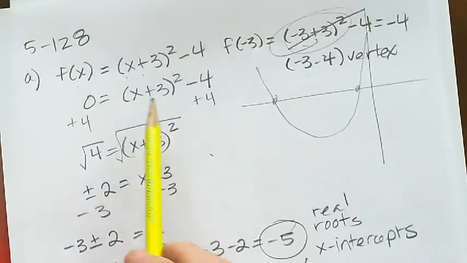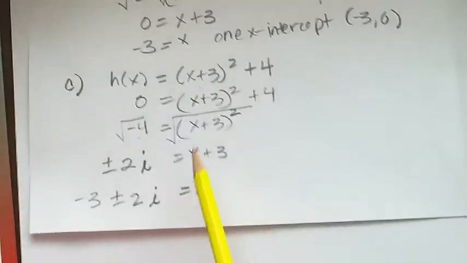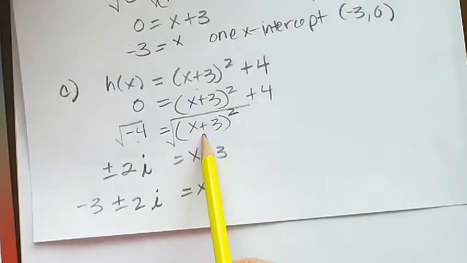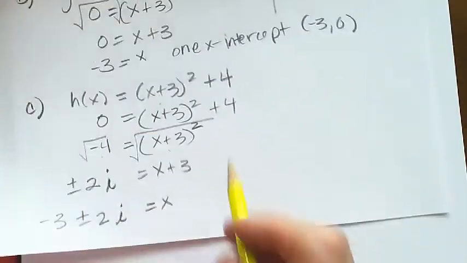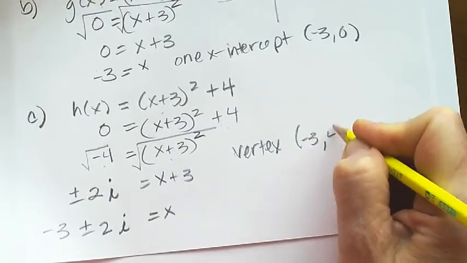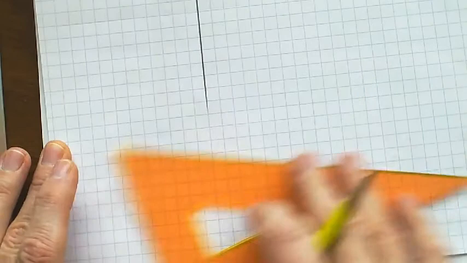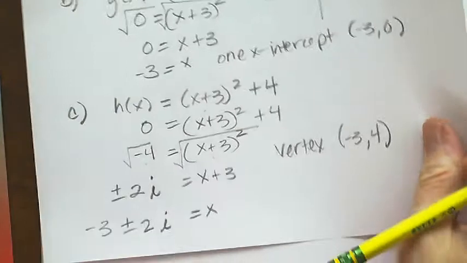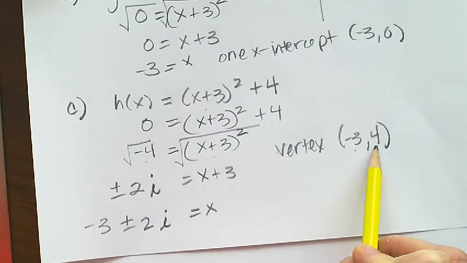So do you see where you're going to need this vertex form? So if the vertex of f of x was negative 3, negative 4, this also has x plus 3. So this is going to be a negative 3 for the x coordinate, but instead of negative 4, it's going to be positive 4. So my vertex is negative 3, 4, and this is just the graph of y equals x squared, shifted 3 to the left, just like the previous one, and 4 up.